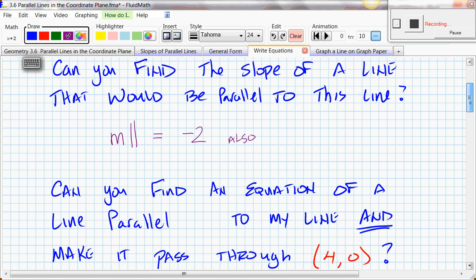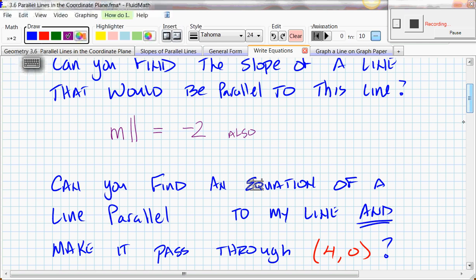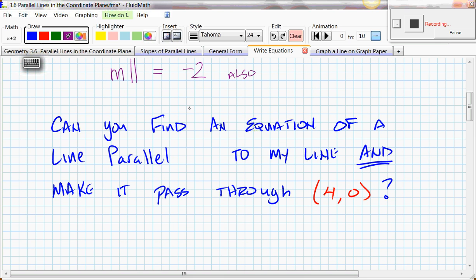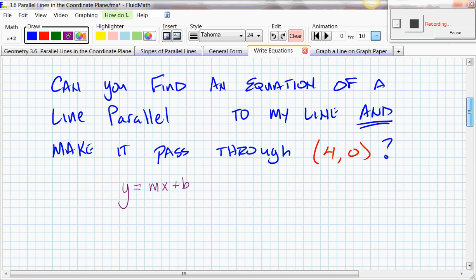Then it says, okay, can you find the equation of a line that's parallel to my line and make it pass through the point 4, 0. So now that I have the slope that's parallel, I'm going to start with that. I'm going to say y equals mx plus b. The slope that I want is negative 2 to be parallel, so negative 2x plus b.